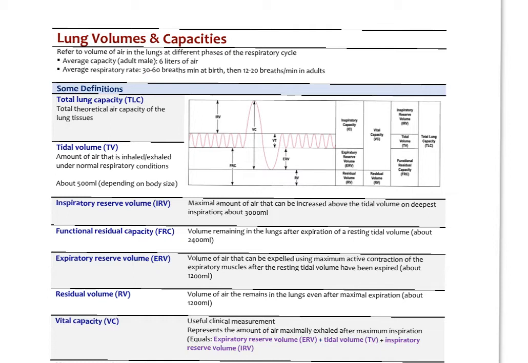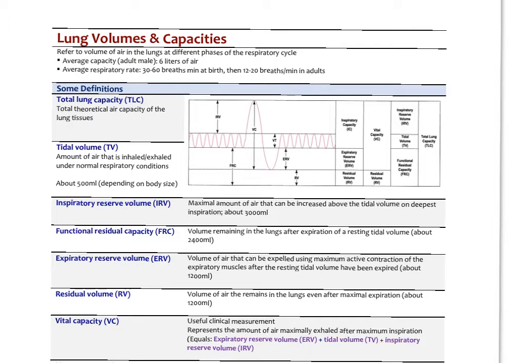So a couple of definitions here. First of all, the average capacity in an adult male is about 6 liters of air in the lungs total, a little bit less in females. The average respiratory rate is between 30 and 60 breaths per minute at birth, then it decreases to 12 to 20 breaths per minute in adults.